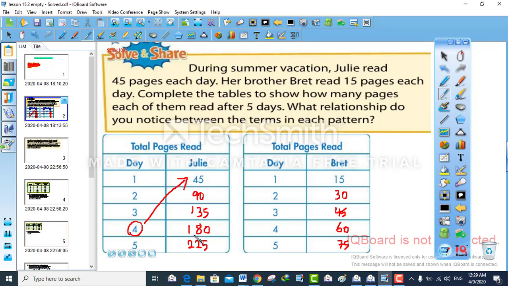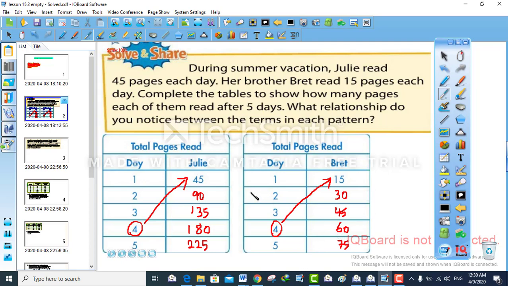You will get 180. So in general, you can use multiplication instead of adding the same number. Just multiply 5 times 15, the answer is 75. 4 times 15, the answer is 60, as you see.